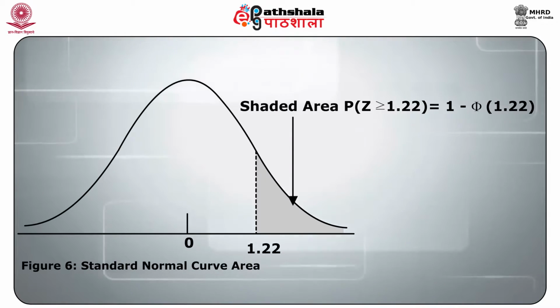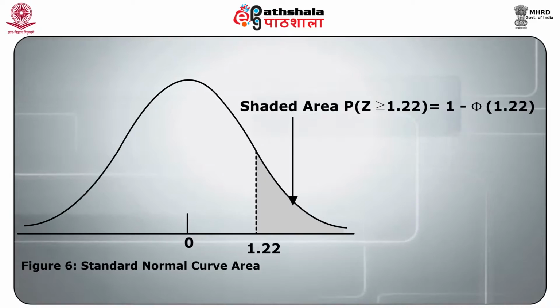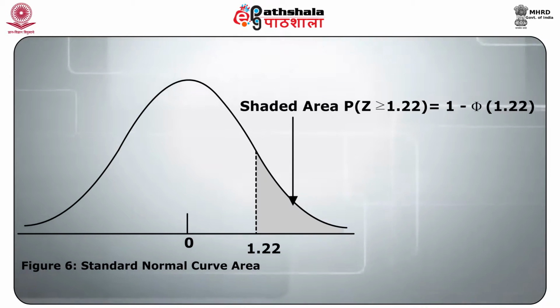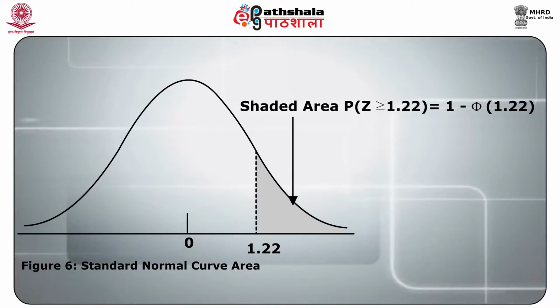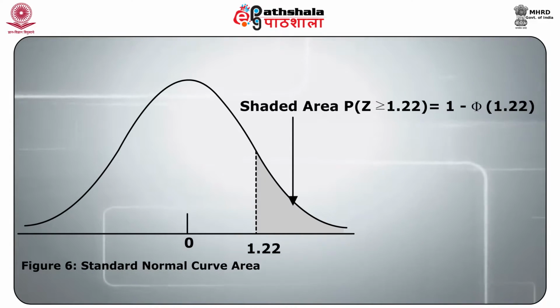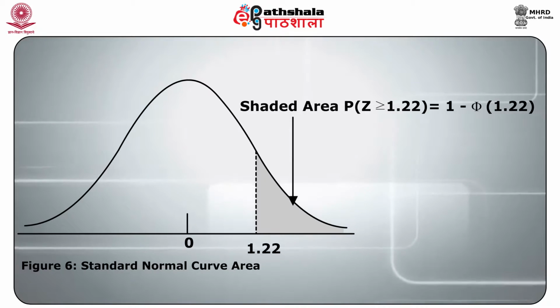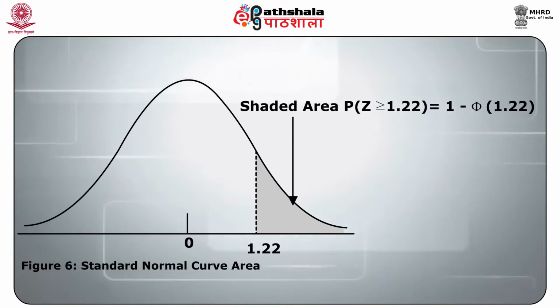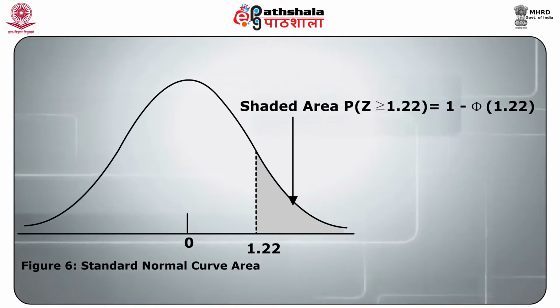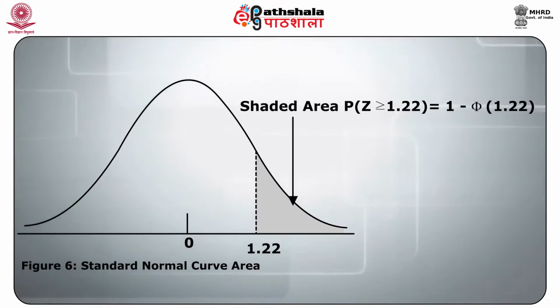So the probability of z greater than or equal to 1.22 is equal to 1 minus the probability of z less than or equal to 1.22, which is 1 minus 0.8888, equal to 0.1112.